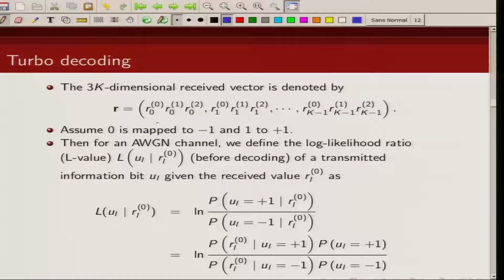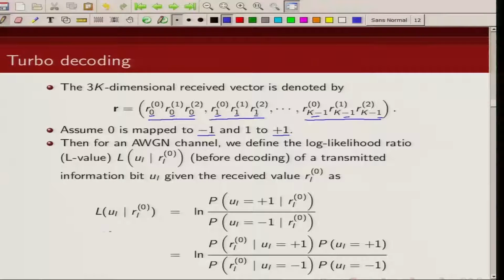At each time instance, with time index 0, time 1, up to time k minus 1, I am getting this 3-bit information: the information bit, the first parity bit and the second parity bit. Remember, this is a rate 1/3 code. So if you have an information block of k, you will get 3k coded bits. 0 is mapped to -1 and 1 is mapped to +1.